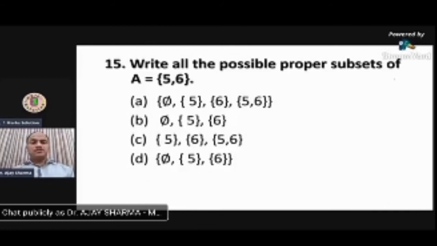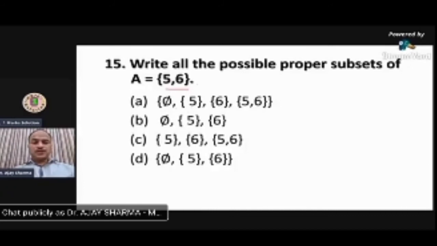Now the 15th question: we have to write all the possible proper subsets of set A. All of you know what a proper subset is, and we have to find the proper subsets for the set A, which has elements 5 and 6.